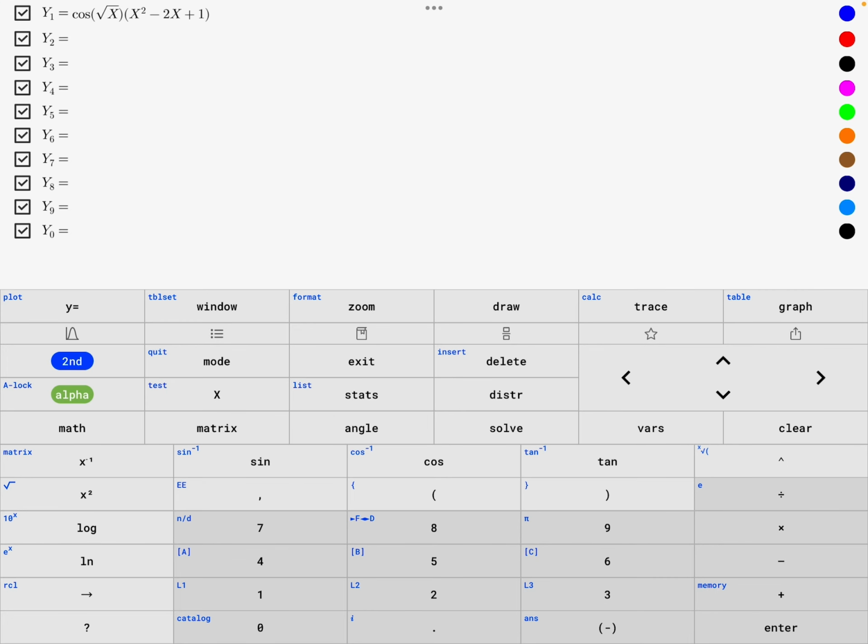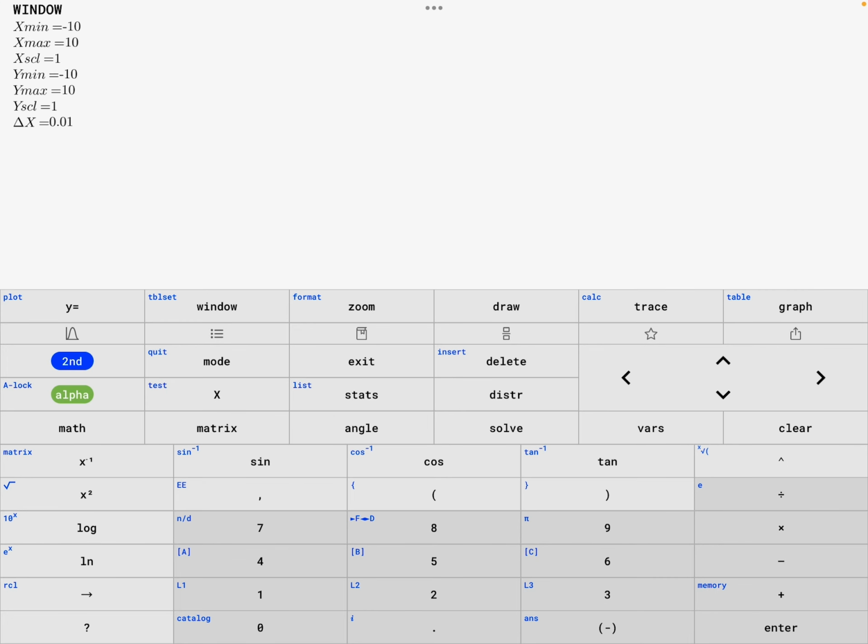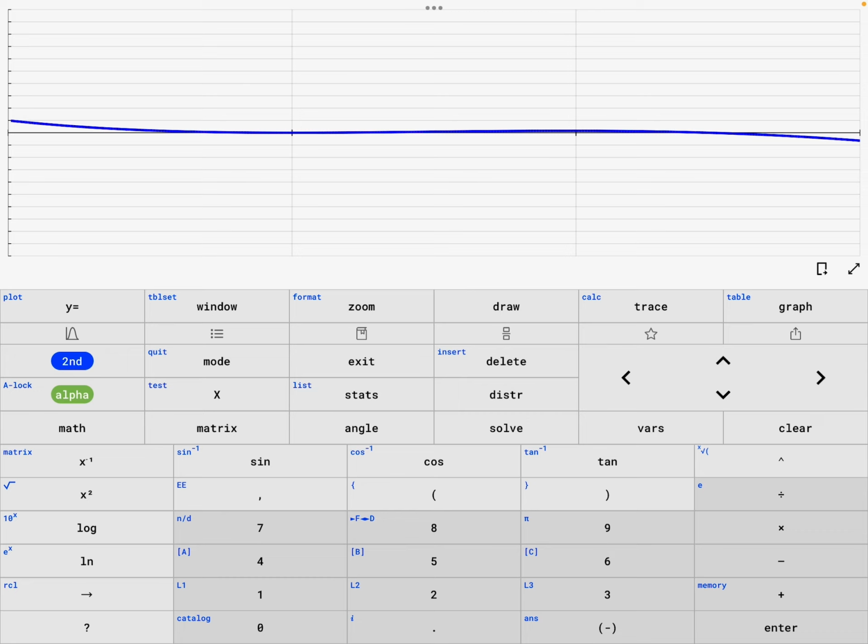Plus 1. On the interval from 0 to 3, graph that.